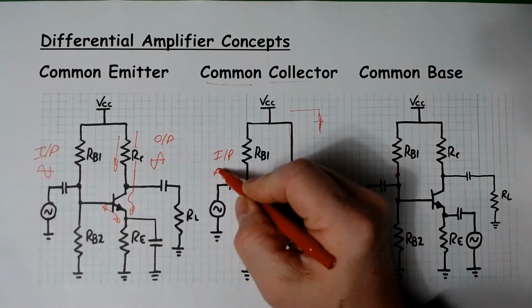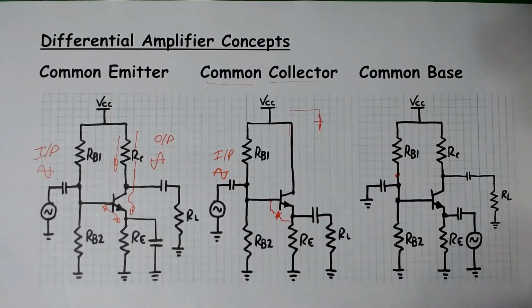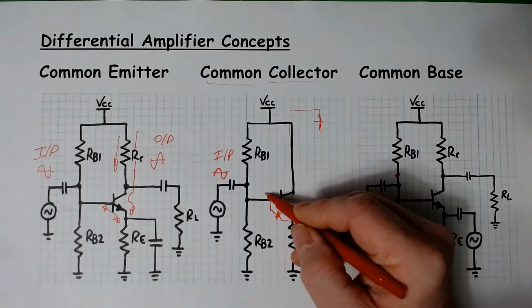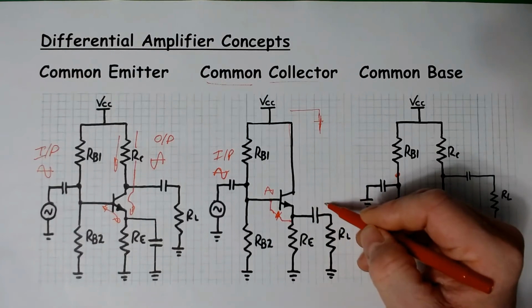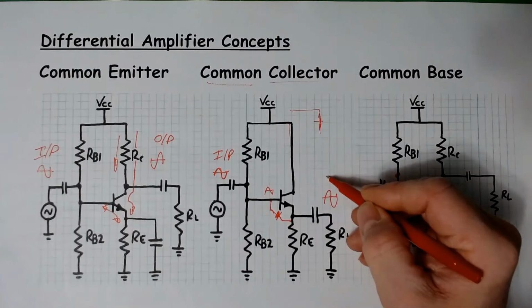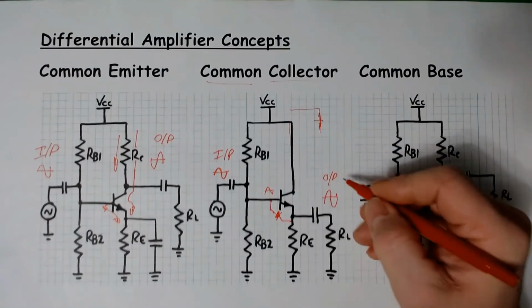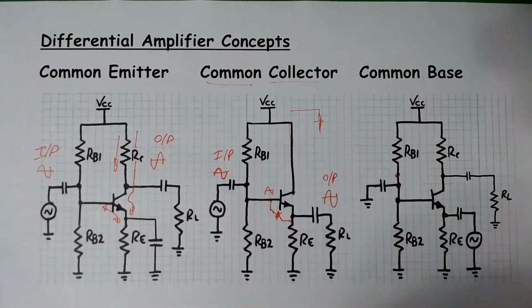So if I put a positive sine wave in over here, if I wiggle this point up and down, that just wiggles this point up and down with it. So what we end up with is an output off of the emitter, which is in phase with the input.